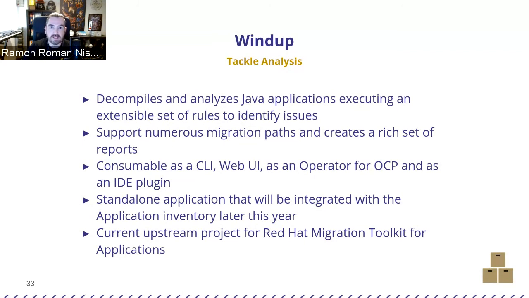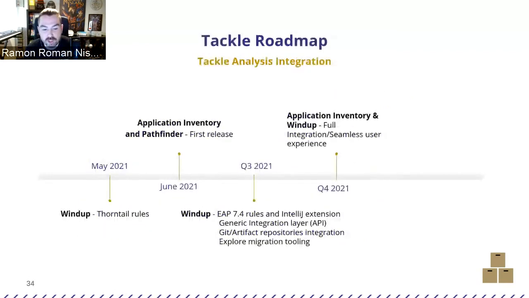So there's a bit more about the roadmap here. We just released one month ago this first MVP for the application inventory and Pathfinder within Tackle. So in these months, we will be working on the integration with Windup, just trying to create an API for Windup to make it generic enough for it to be consumed from different applications or tools out there.